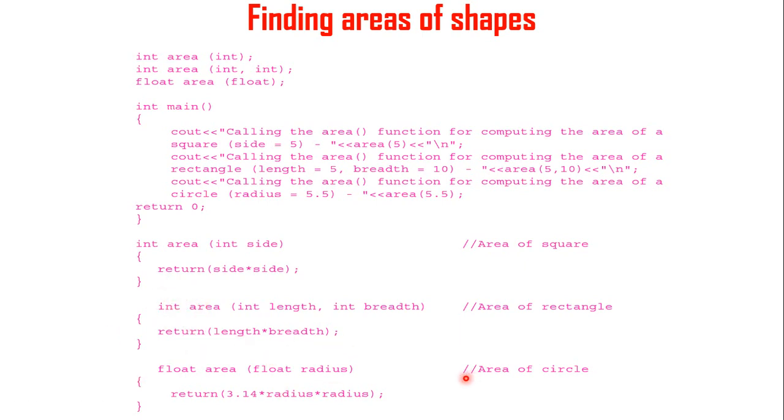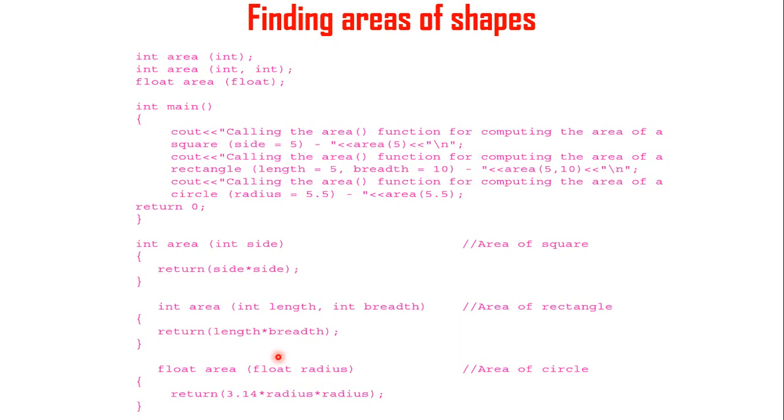Now you see that the area of a circle is pi r square. Pi is a constant value, and r is a variable. Only one variable is required. You can see that the data type float is used here, and the parameter argument is called radius.